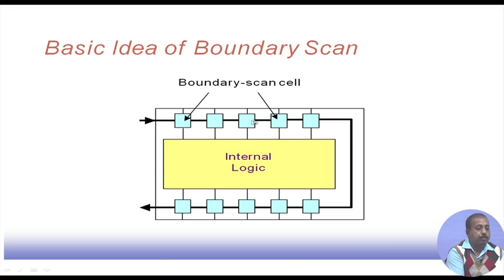There is also a scan chain inside, and that scan chain can also be accessible via these scan cells. That way this boundary scan chain will be made by having these boundary scan cells connected over a chain.